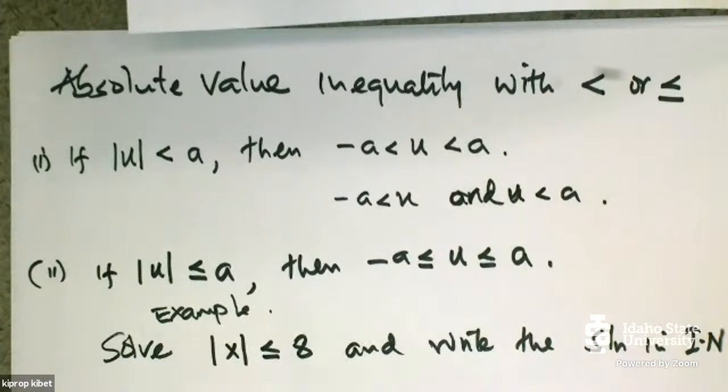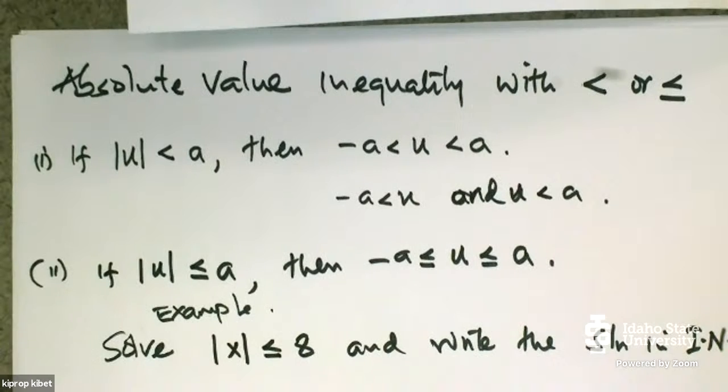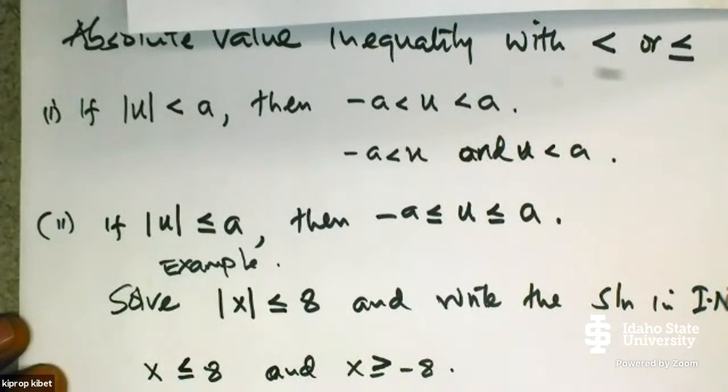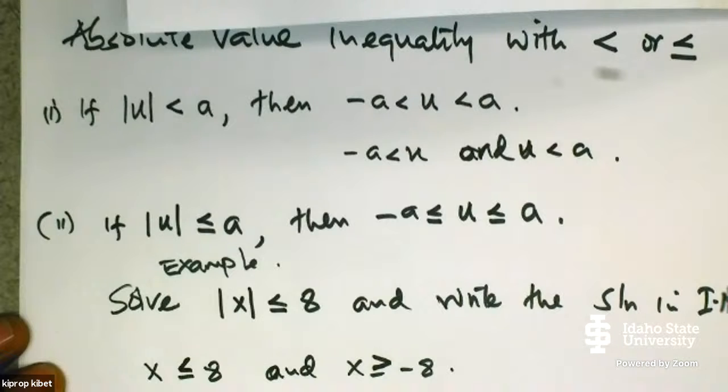And since we are changing the sign, it reverses the sign. So therefore, our algebraic notation will now be x is less than or equal to 8, and x is greater than or equal to minus 8.